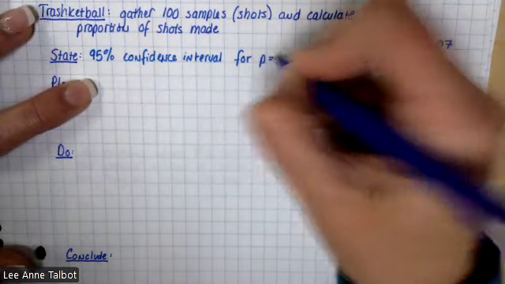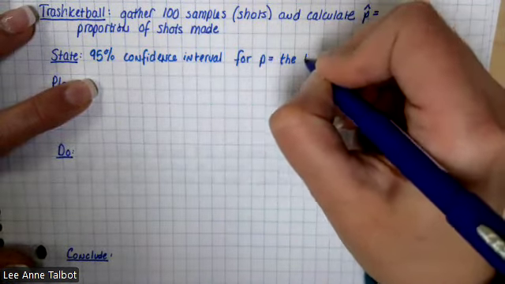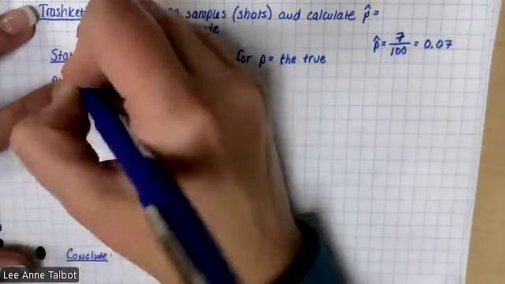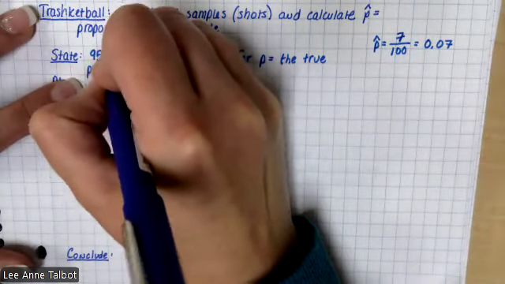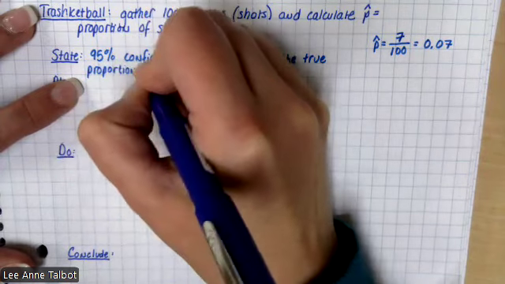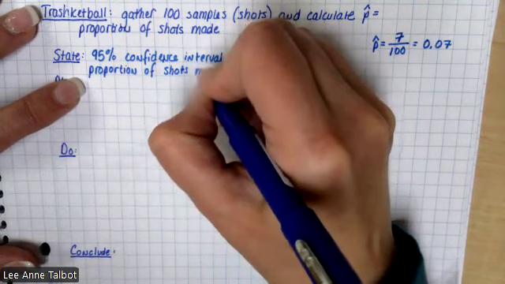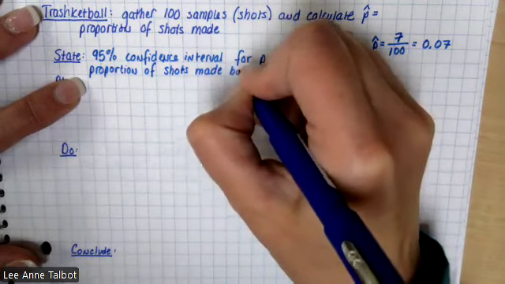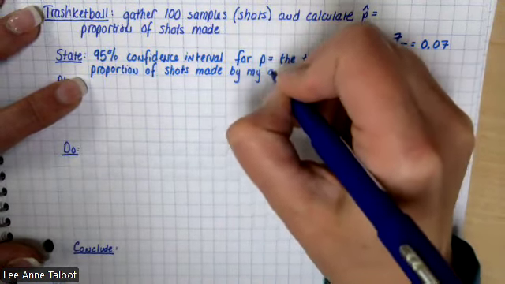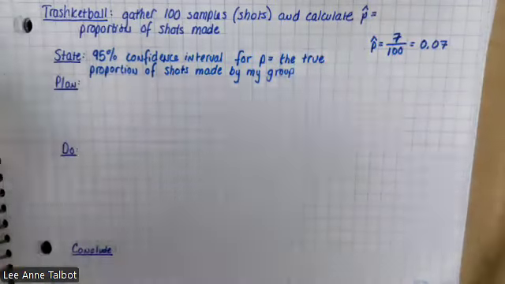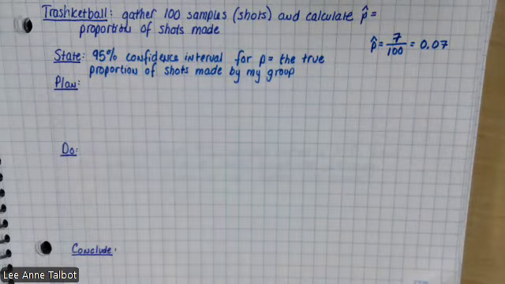For p equals the true proportion of shots made by my group. Now I sort of did this wrong, to be honest.